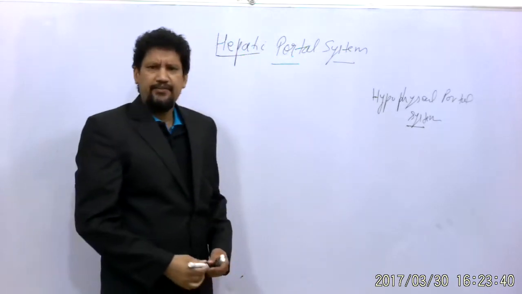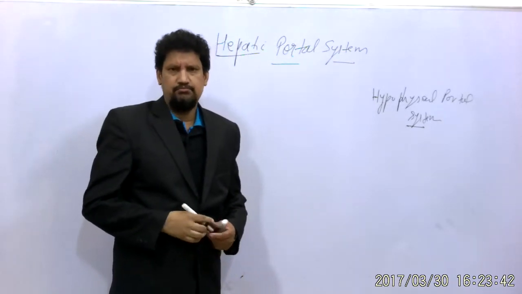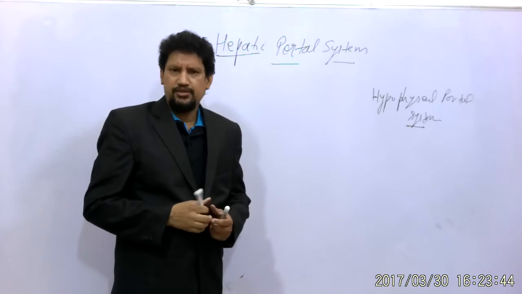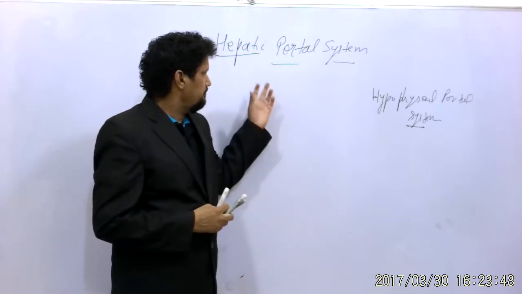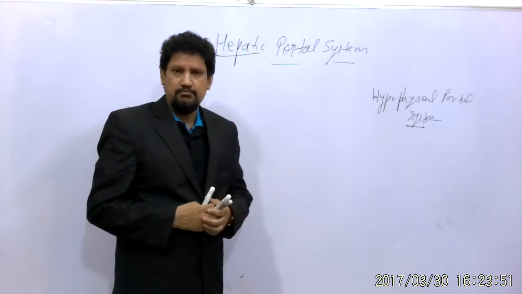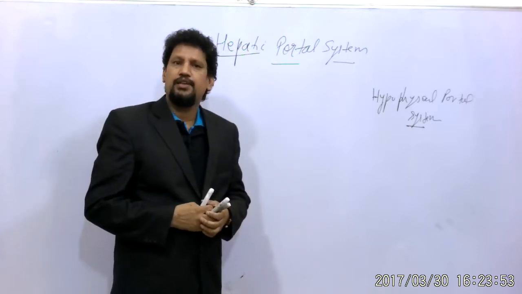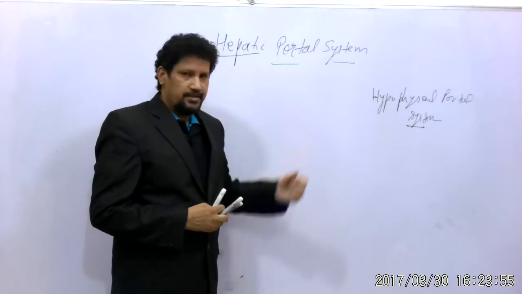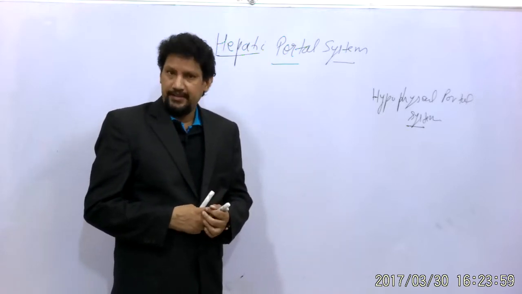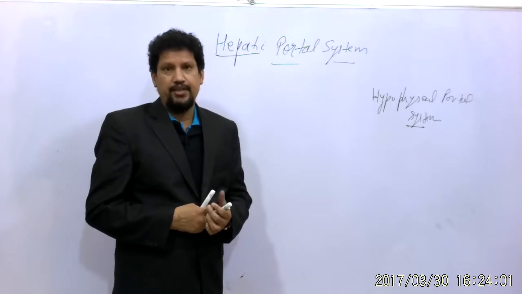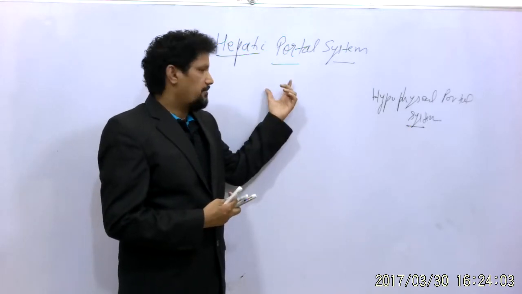What is the significance of this portal system? This question can arise in your mind. The hepatic portal system is related to the nutrients which are absorbed in the GIT, and the liver is the highest center of metabolism.